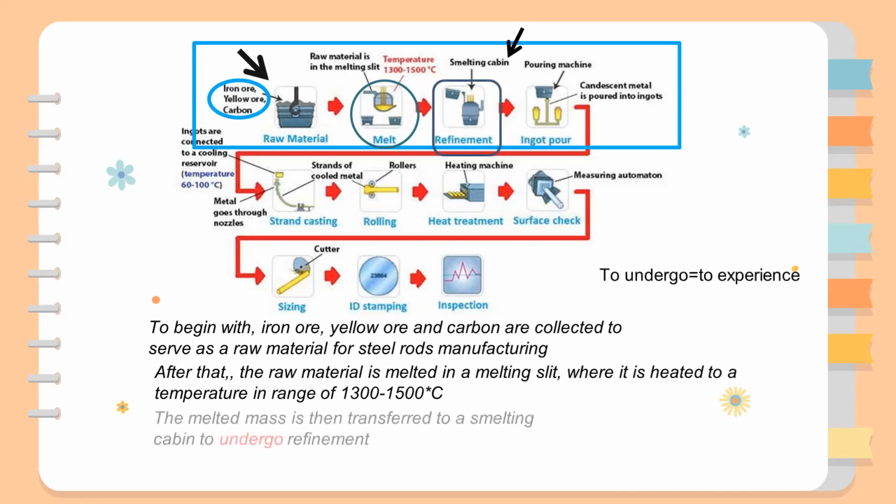And the final steps may be about the pouring machine, the smelting cabin. And I highlight the word undergo for you because I think it is a good way to use this word, because it can fully help you to describe an experiment in the smelting cabin.